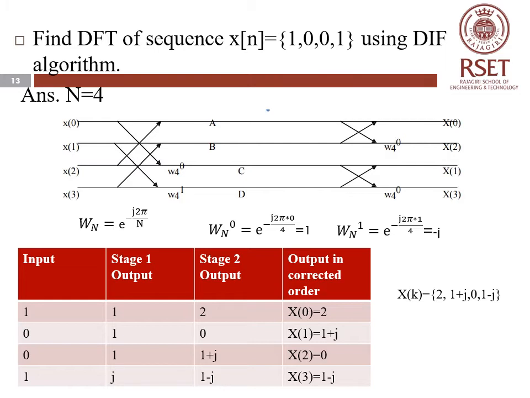So the output of stage 2 is 2, 0, 1 plus j and 1 minus j, but the output appears in bit reversed order, so we have to put it in the right order. After reordering, X(0) is 2, X(1) is 1 plus j, X(2) is 0, and X(3) is 1 minus j. The final output should be written using curly brackets. So the answer is {2, 1 plus j, 0, 1 minus j}.